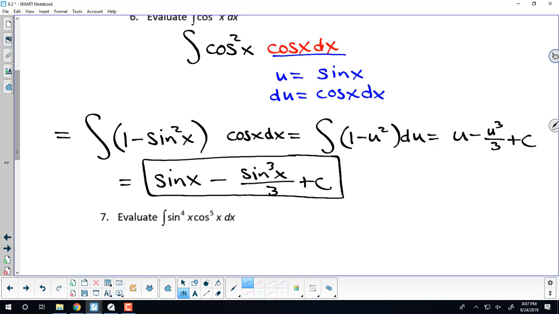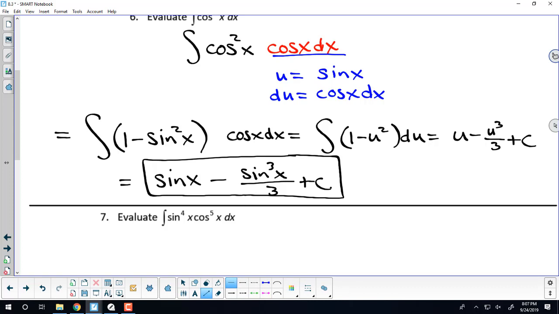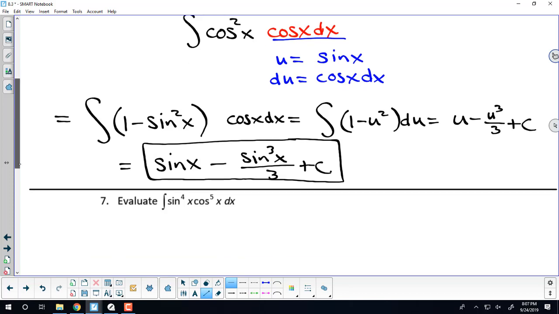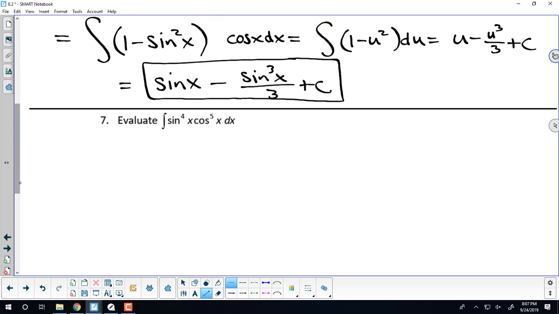Are there any questions on example 6? Okay, then try example 7. Just take note here that sine is to the 4th, cosine is to the 5th, so we've got a cosine to the odd power. That's really all we need to focus on.